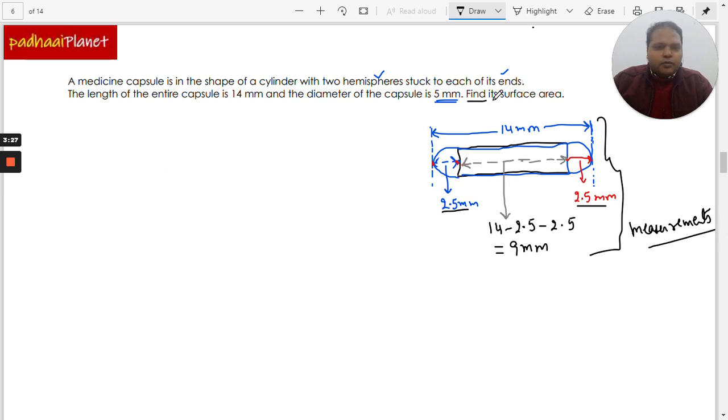And what we need to do is we need to find out the surface area of the medicine capsule, right? This is what we need to find out.